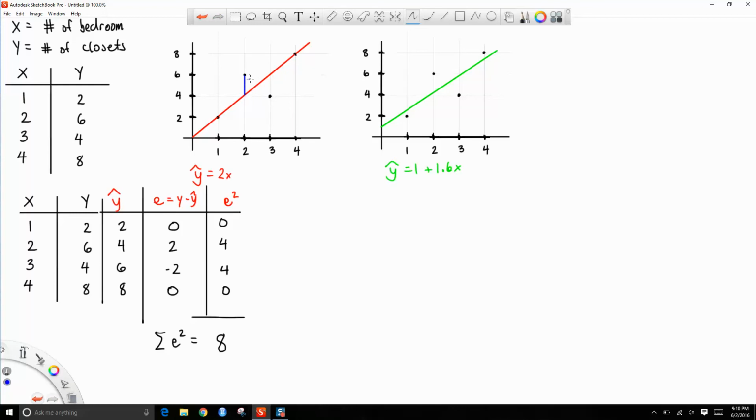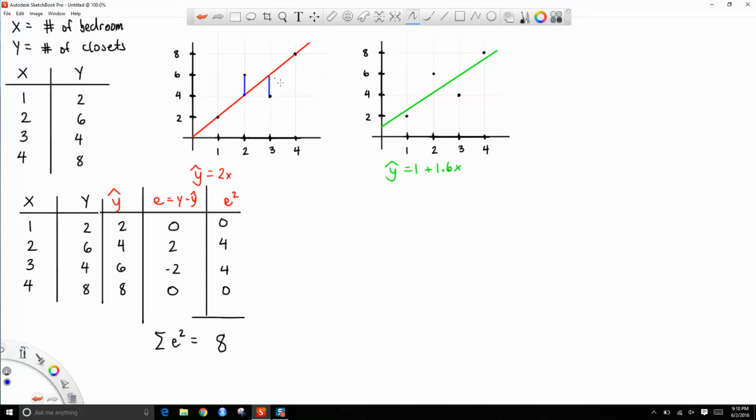What we're saying is that at the value 2, I'm predicting that we would be at 4, but in reality, I'm up at 6. So my residual is that. At 1, I'm predicting 2, and I am at 2, so there's no residual there. At 3, I'm predicting 6, but in reality, my value is 3. And at 4, I'm predicting 8, and I'm at 8.